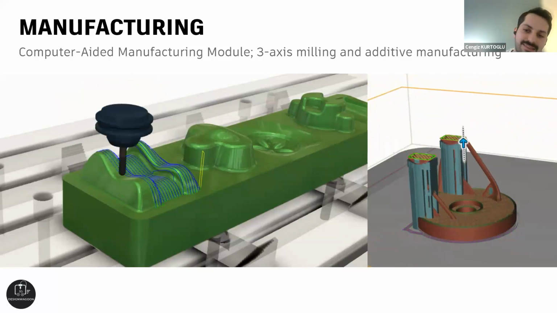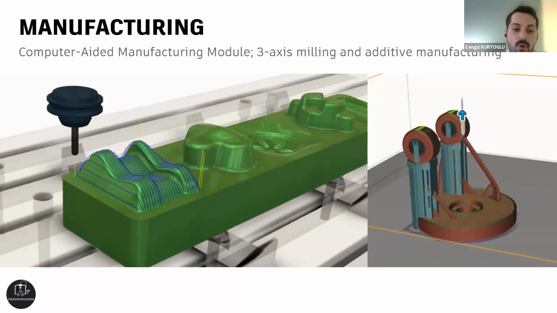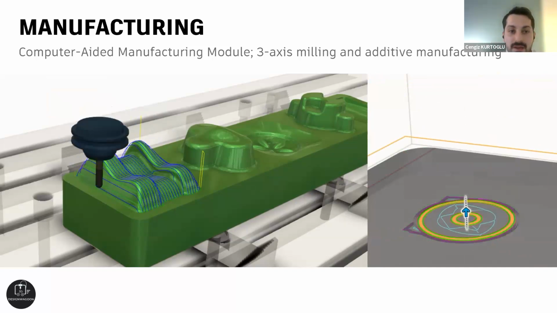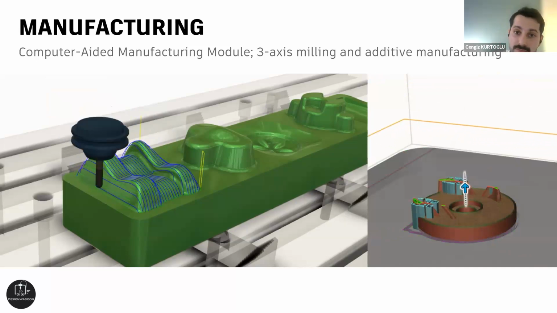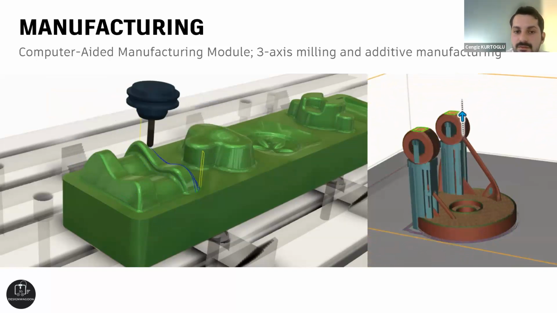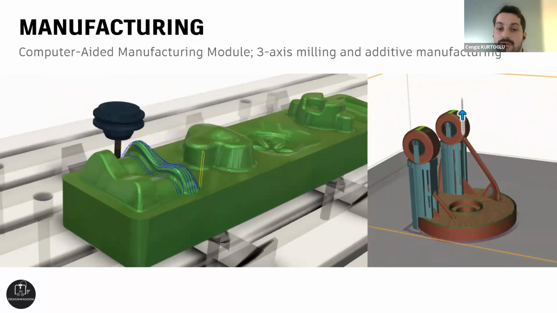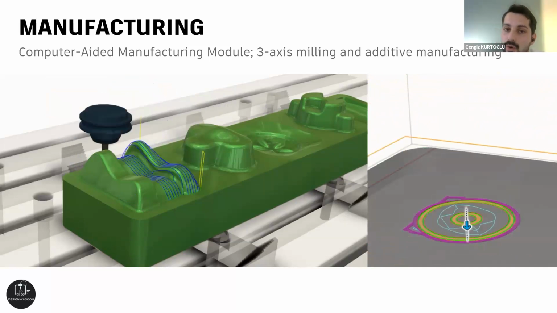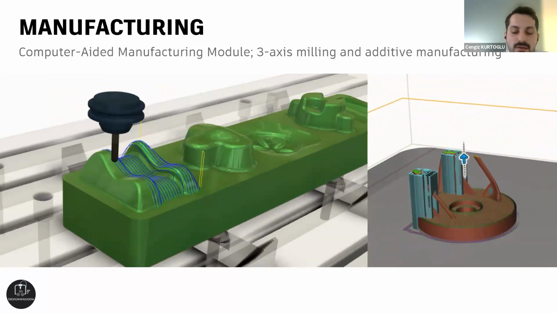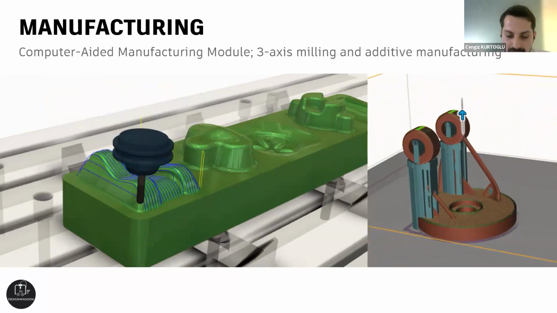After we design a tool or a project, I will switch to the manufacturing workspace, and you can create your parts to manufacture with your 3D printer or with your CNC, which is quite a large library that exists in Fusion 360.